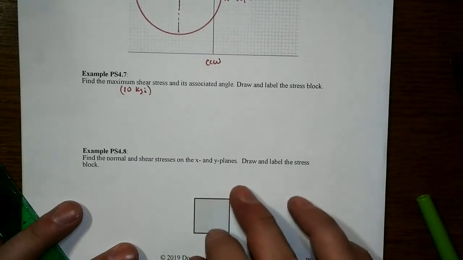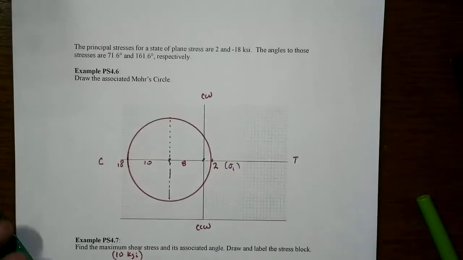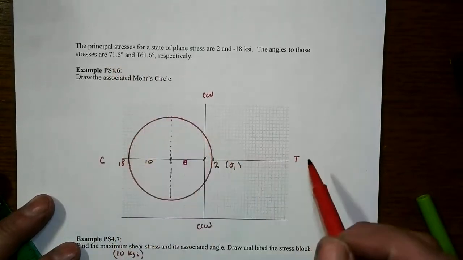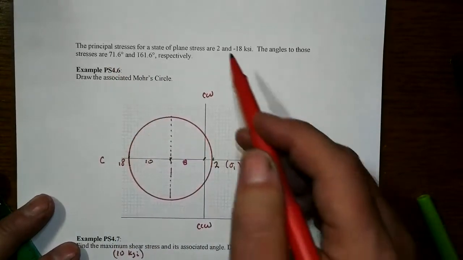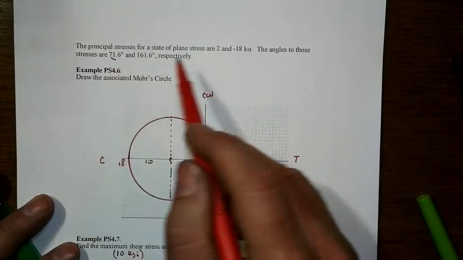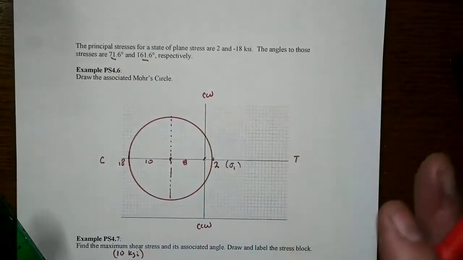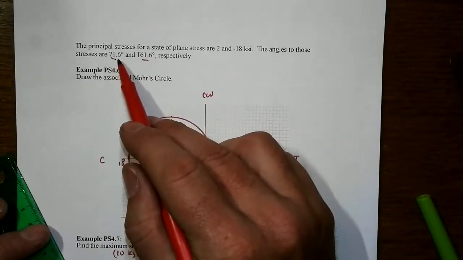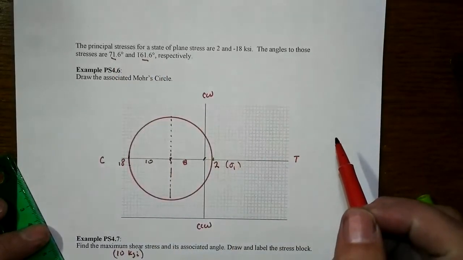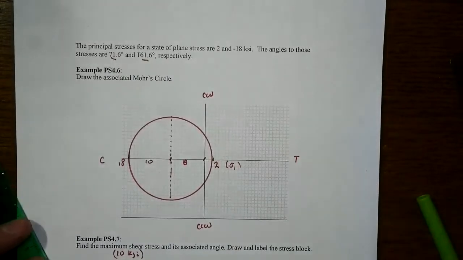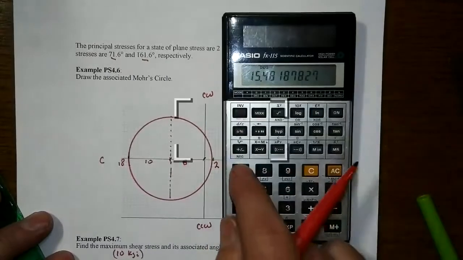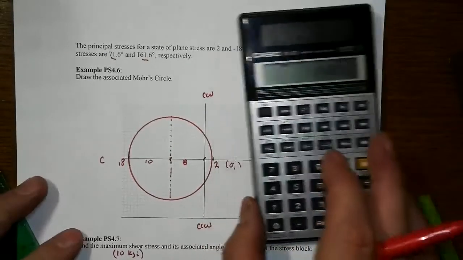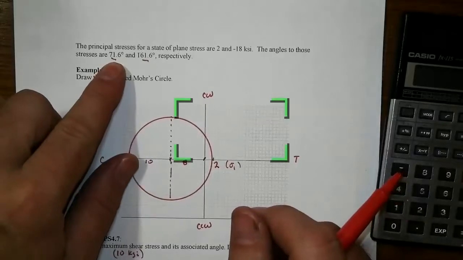To figure out both of these, we have to know where the x and y planes are, but we are told that information. We're told the angles to these planes are those two values respectively. The angle is measured from the x-axis, the datum for the angles, so 71.6 in real world terms. That means 71.6 times 2 in Mohr's circle world is 143.2, and plus means counterclockwise.